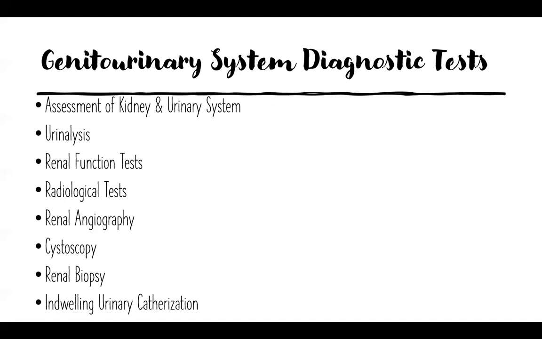Whenever you see IV contrast, always know that that's something that we do. We have to assess for allergies because we don't want this patient to be allergic to this dye. And then we administer the dye. With this IV pyelography, the contrast dye is going to help to visualize the structures of the urinary system: the kidneys, the ureters, the bladder, and the urethra.